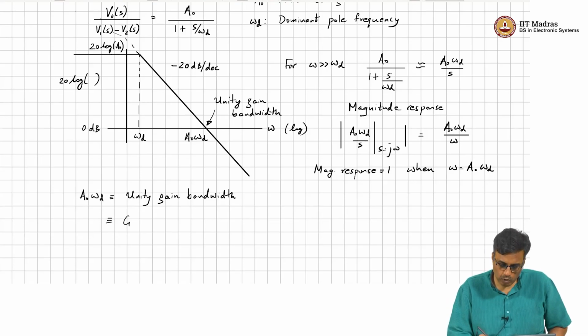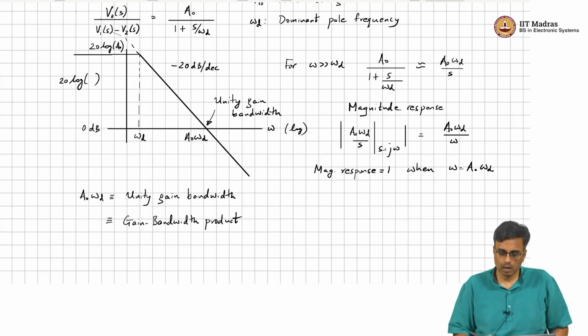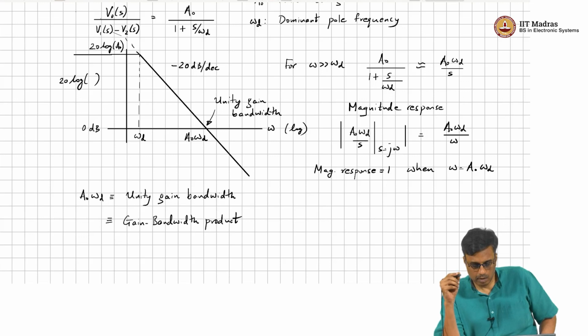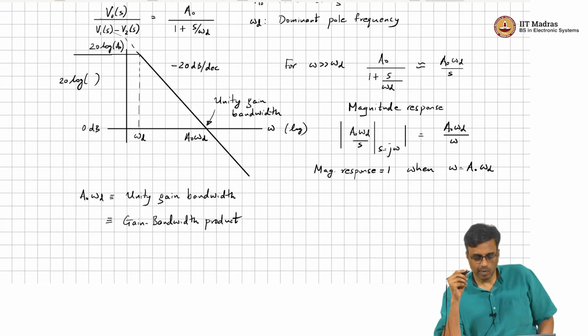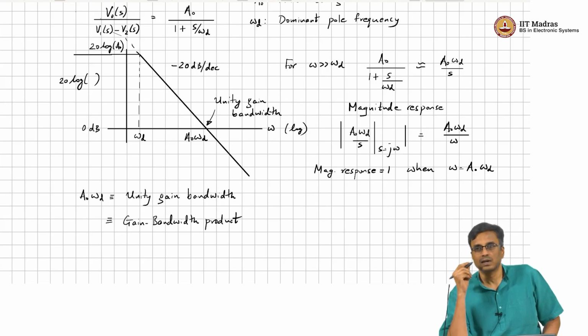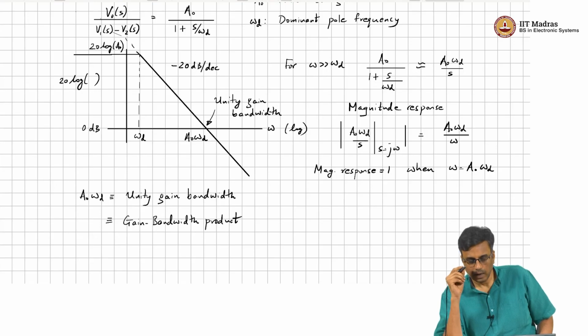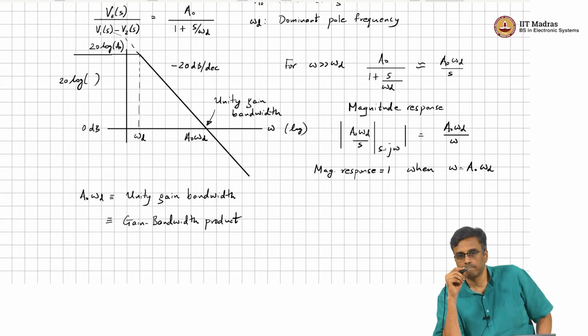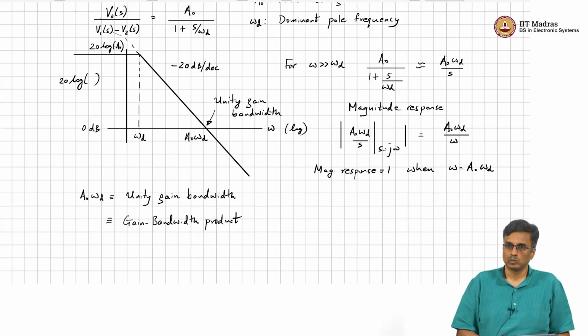So, this is often also called the gain bandwidth product of the opamp. All right, and please remember that omega D is in radians per second, right. It is not in hertz. Omega D is in radians per second. Is that clear?